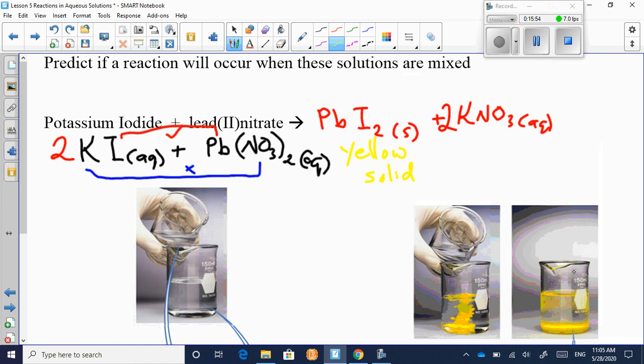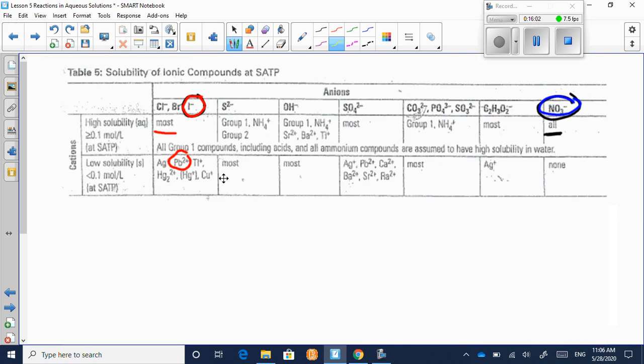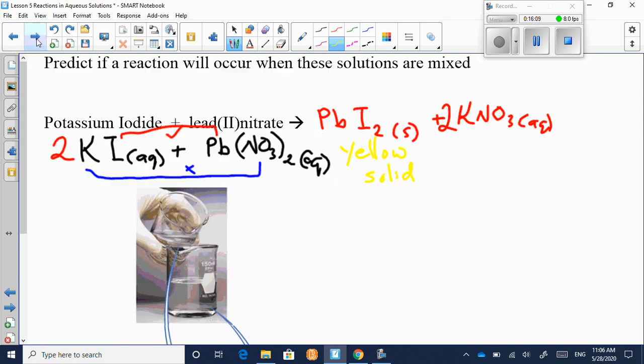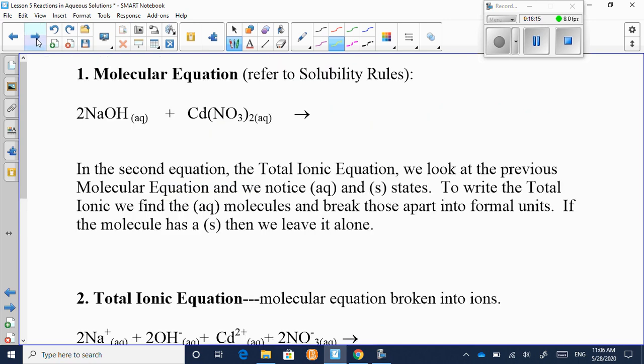Okay, so one of the things you're going to have to do in homework is just do a bunch of these predictions. And as you're doing those predictions, you need to have this solubility guideline that's on the back of your hub in front of you and be working away with that. Okay, the one other thing I wanted to show you from this lesson, and this is a bit of a change from Unit 2, is we have a different way of writing them.